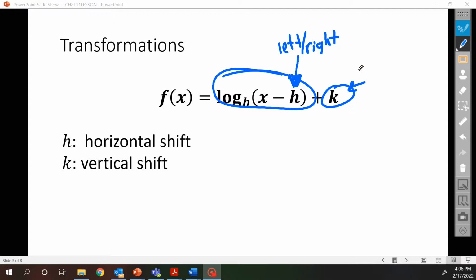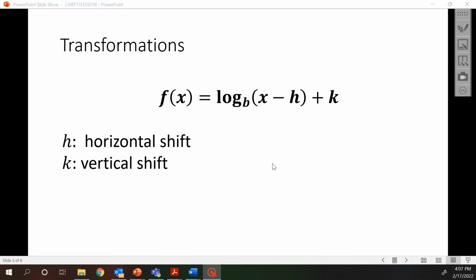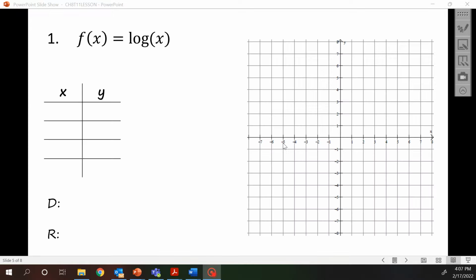Any number on the outside of the function directly affects the output of the function, which moves it up and down. And these are movements from the parent function. So this assumes that you already know what the parent function is, and you can use these to move it around. We're not going to be graphing these according to the transformations. We're going to be graphing these using a simple table.